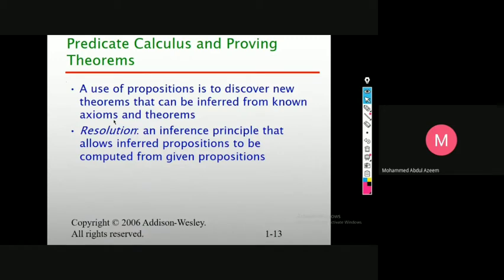One is the proposition, another one is the relationship between the propositions, and then to derive new propositions or infer new propositions from the existing ones, right? You must have some axioms and theorems available based on which you are going to discover new propositions.